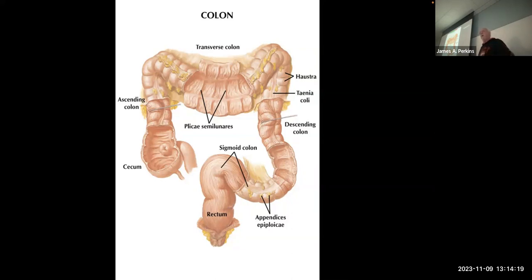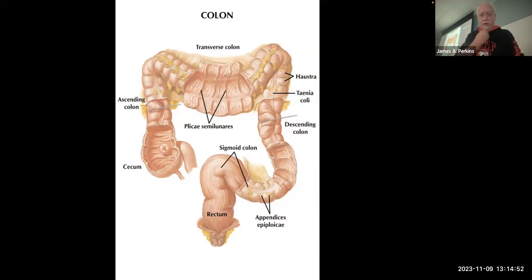These actually represent that outer muscular layer, that longitudinal muscular layer. But instead of that longitudinal muscular layer going all the way around the organ, the way it does in the small intestine and the esophagus, that longitudinal muscular layer is segregated into these 3 narrow bands on the outside of the colon. So these are longitudinal muscles running the length of the colon. It's just that they're divided into these 3 discrete narrow bands.